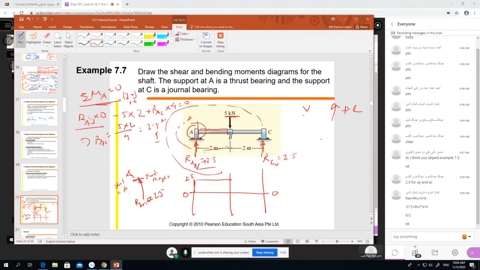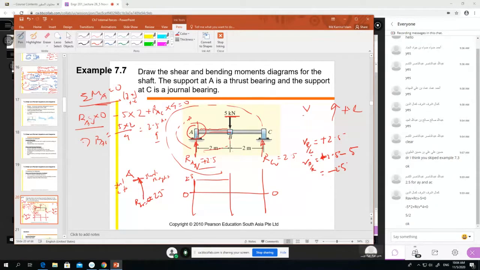what you find is, before B on the left side, you have plus 2.5. Just as you cross B and come to the right side, you find there is one force working downward, and downside is minus, so you get minus 2.5, right?